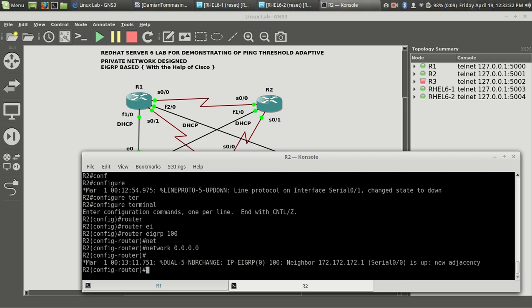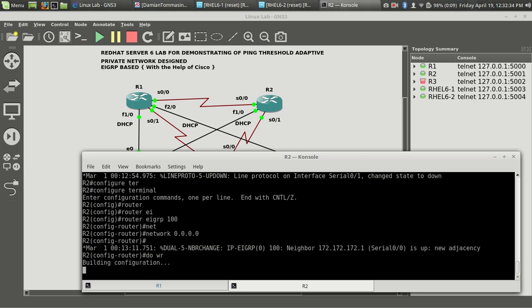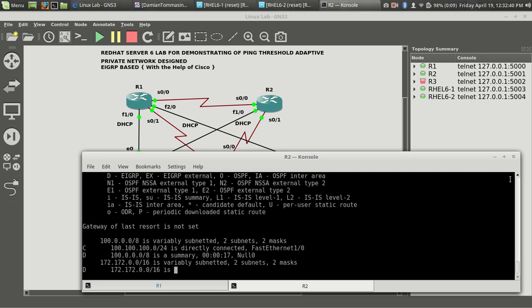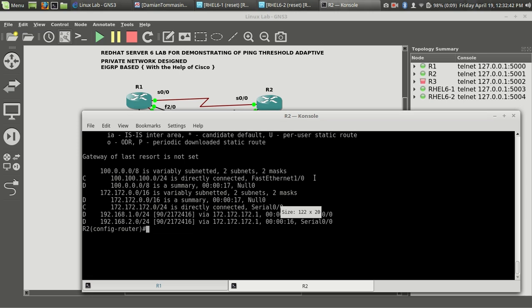There is a reason behind it. Do show IP route, see how many routes I fetch. Those EIGRP routes which I have fetched are preceded with D. This is the D option, every EIGRP route is marked with D, right?